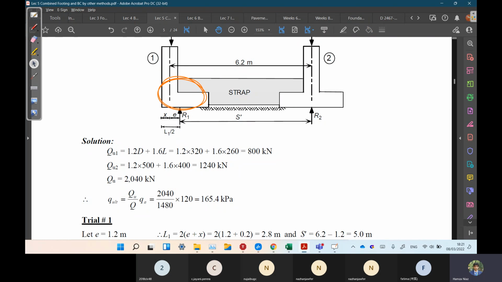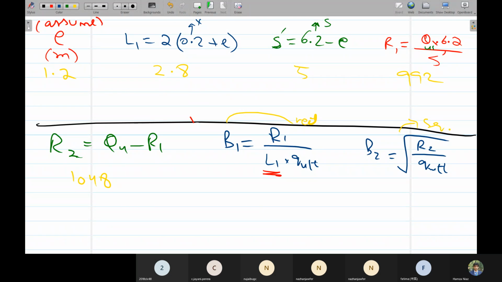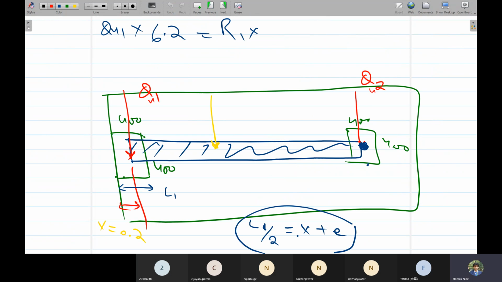B1 is the footing width at column 1, and B2 is the footing width here. So we get 2.14 and 2.52. If we see, these values are very different, but we have to provide the same footing. Whatever the width is here, the width should remain the same here.